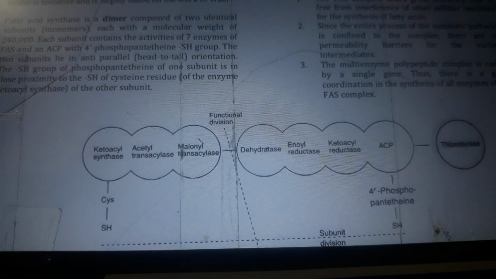Each subunit contains the activities of 7 enzymes of FAS and an ACP with 4'-phosphopantetheine SH group. These 2 subunits lie in antiparallel head-to-tail orientation. The SH group of phosphopantetheine of one subunit is in close proximity to the SH of the cysteine residue of the enzyme ketoacyl synthase of the other subunit.